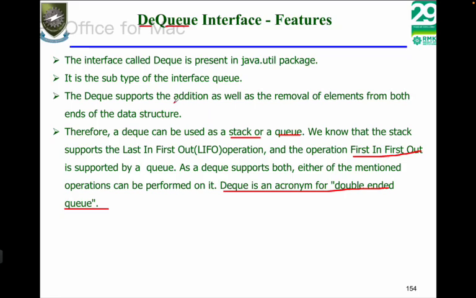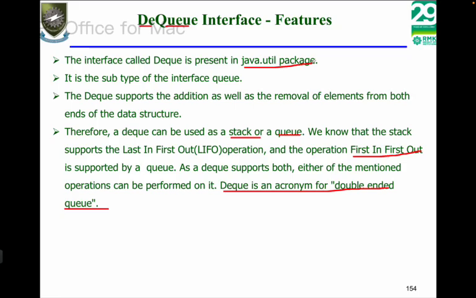For example, it supports the addition as well as the removal of elements from both ends of the data structure. It is a subtype of the interface Queue, and it is available in a package called java.util.